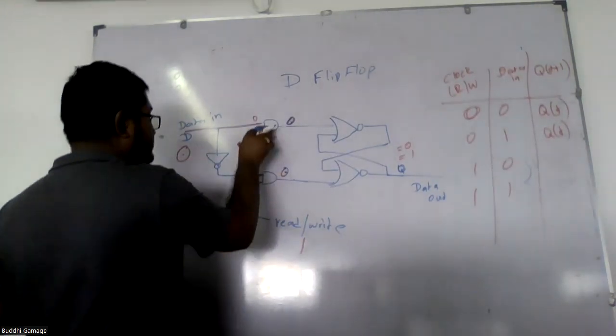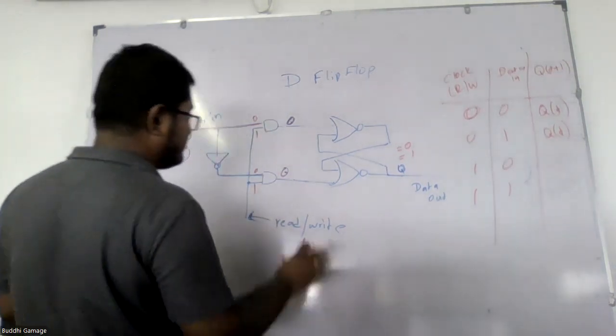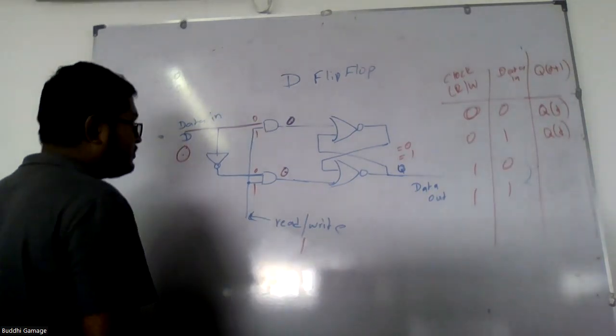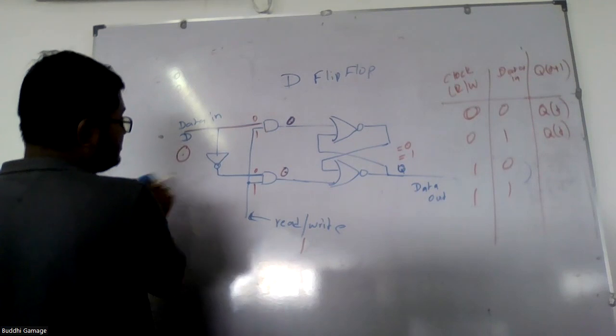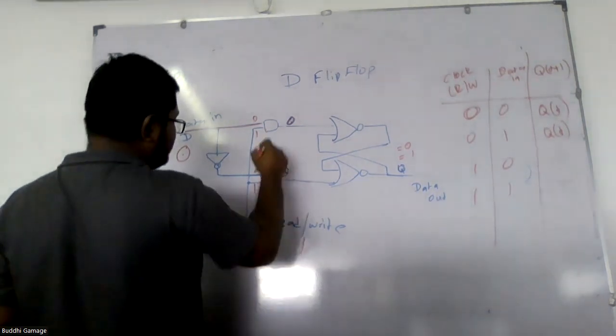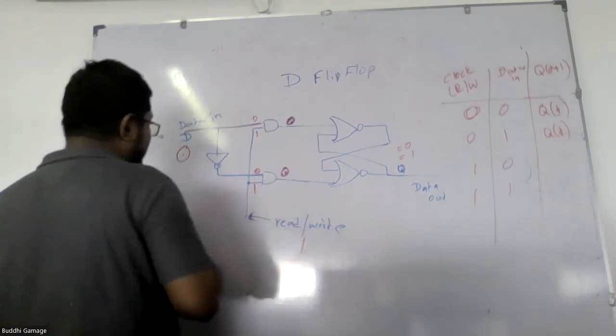Now this particular flip-flop is in the writing state. Now consider the data bit is 0. What will happen? Both are 0, 0, right?